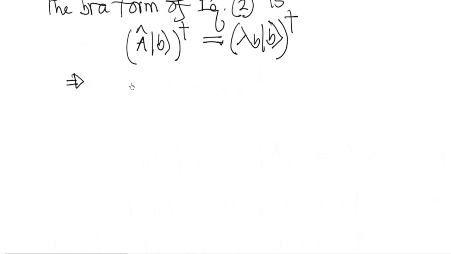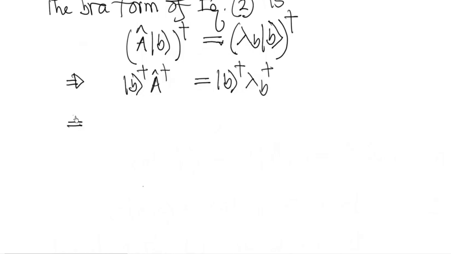This means dagger of a ket is a bra, and since A is Hermitian, A dagger is equal to A, and this is this.